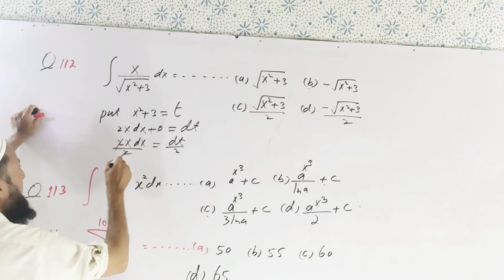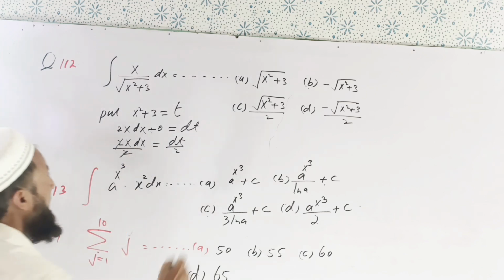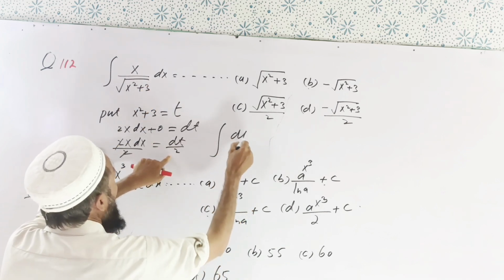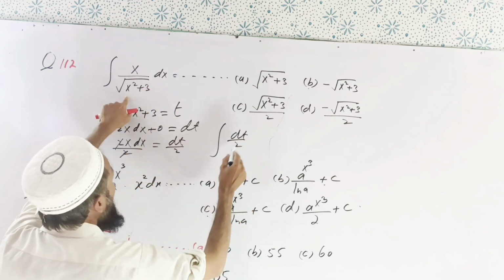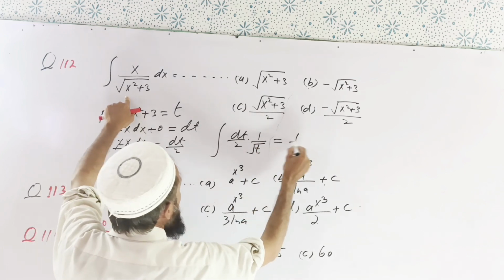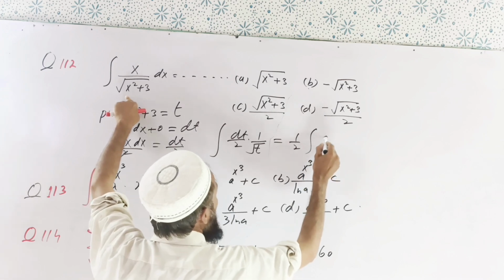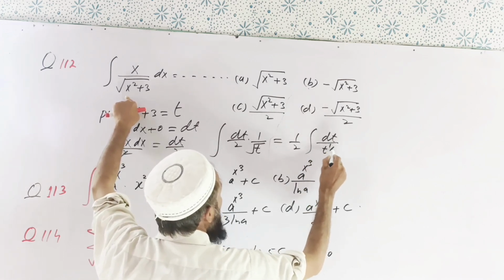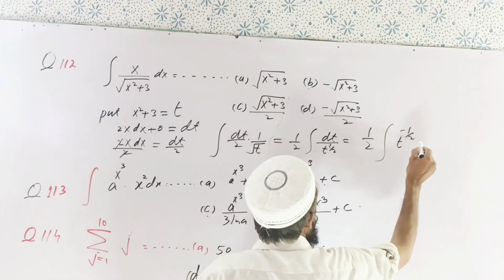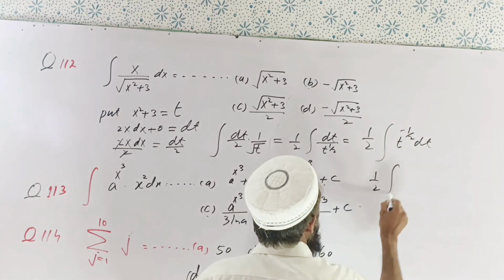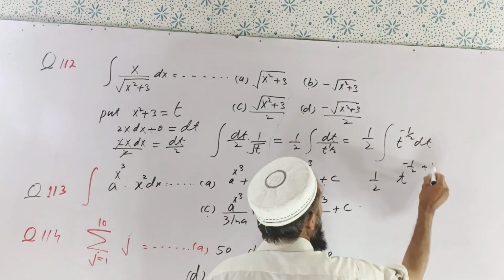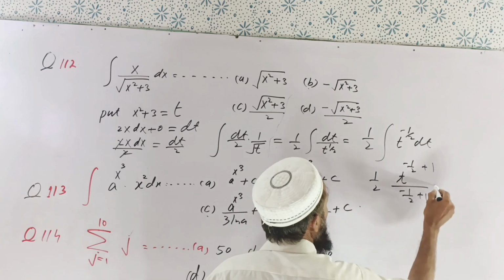So we get x dx equals dt divided by 2, and in the integration we replace x dx with dt by 2, and 1 over the square root of t. The 1 by 2 is a constant, so we have 1/2 times the integral of t to the power minus 1/2 dt. Applying the formula, t to the power minus 1/2 plus 1, divided by minus 1/2 plus 1, plus c.